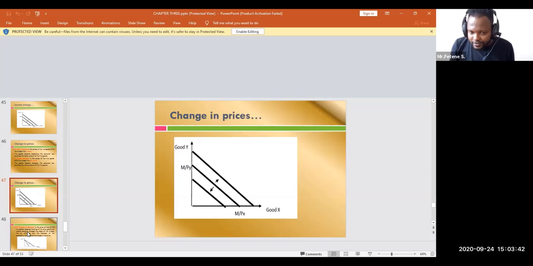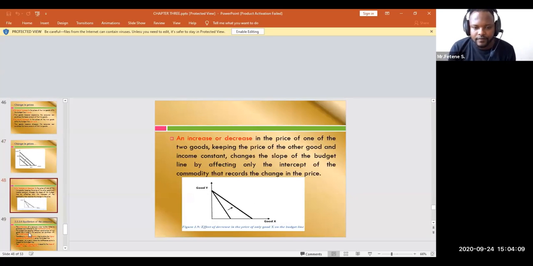When the prices of the two goods increase equally, the budget line shifts inward; we used to buy this amount, but now the budget line declines. If the prices of the two commodities decrease equally, the budget line shifts outward.